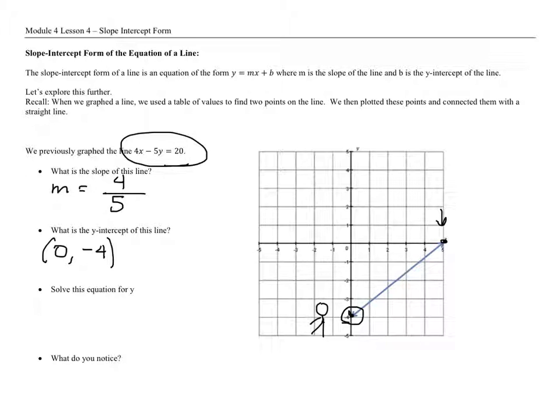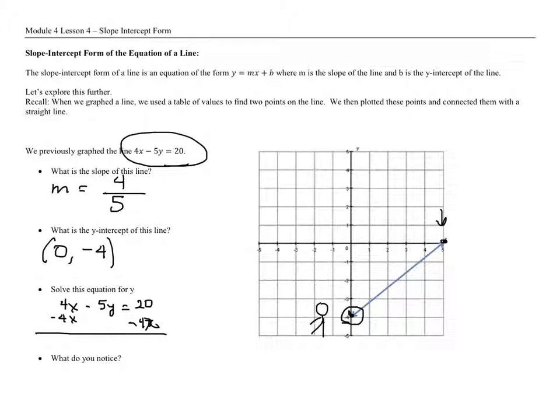So now we're going to do that literal equation thing that we've always done. We're going to solve this equation for y. So here we go. 4x take away 5y is equal to 20. So I'm going to move the 4x over and tuck it right in before the 20.